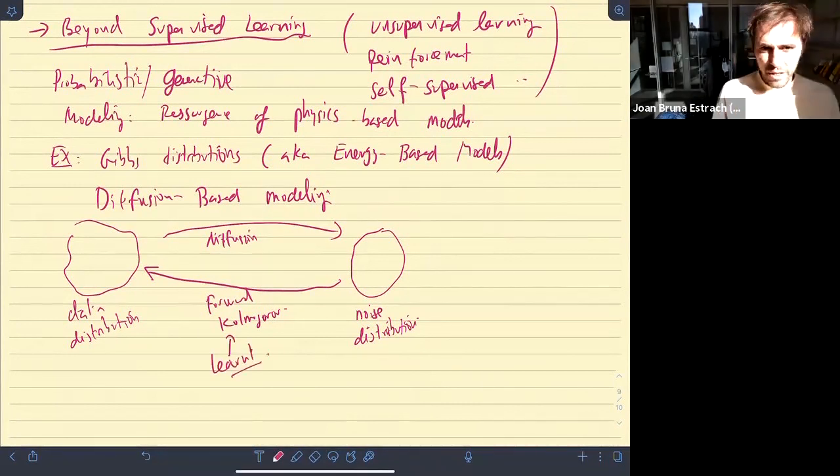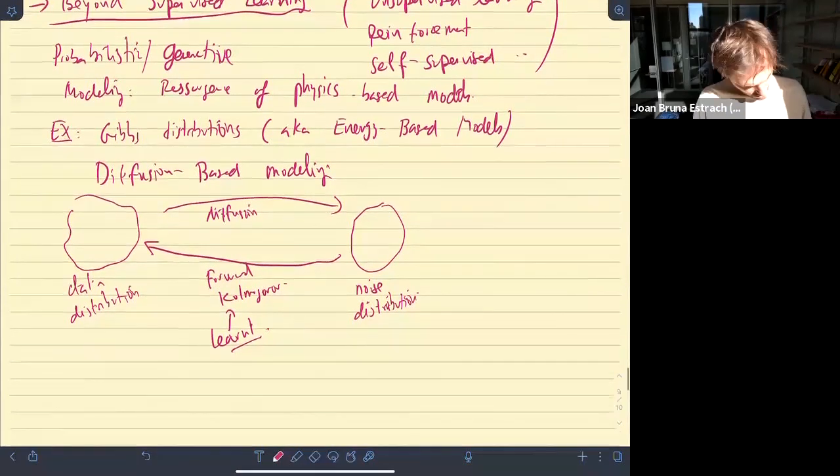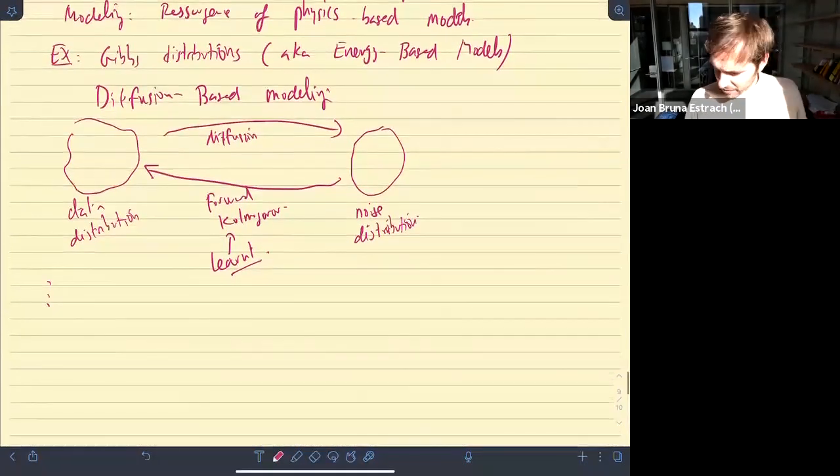This is a way to generate models from the data. This is a very fundamental physics principle, and understanding how neural networks can help in this problem is quite interesting and pretty much open, right? And of course the list can go on.